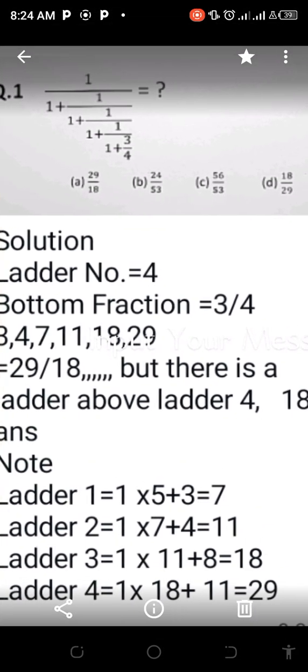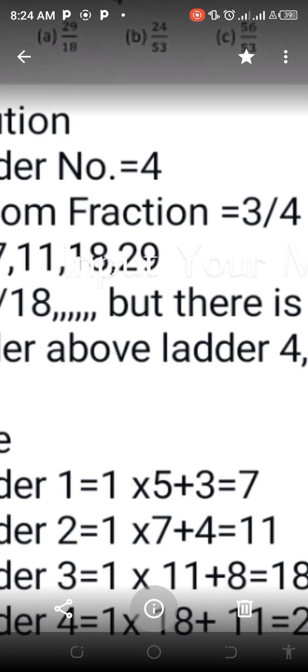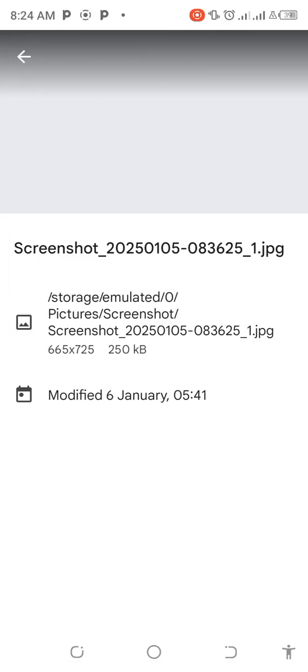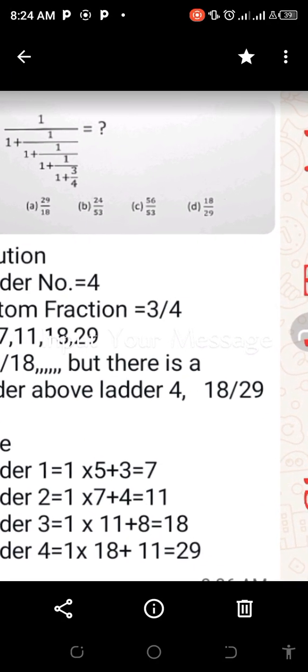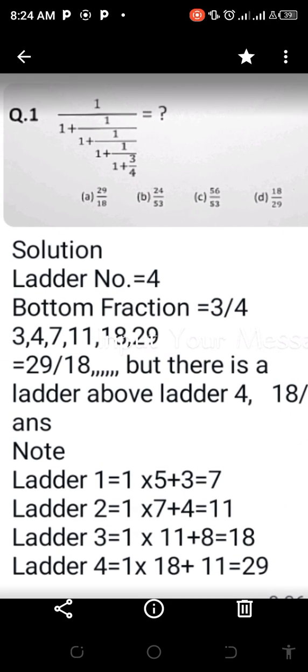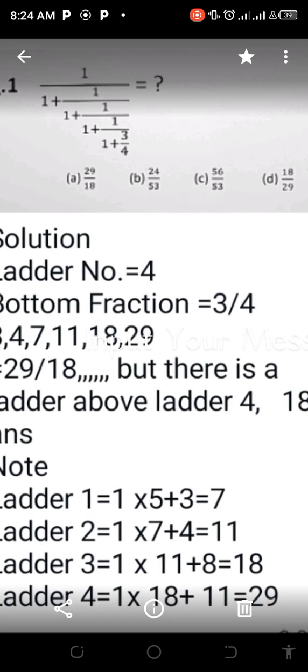Now ladder 2. Ladder 2 is 1 times 7 plus 4, which is 11. And ladder 3 is 1 times 11, which is 11, plus 8, which is 18.